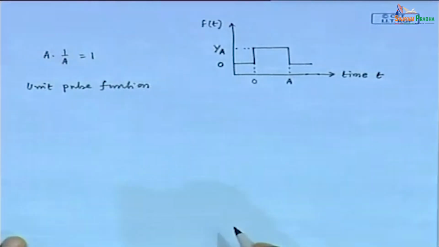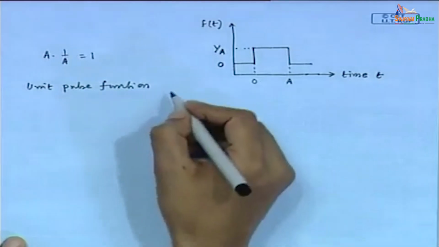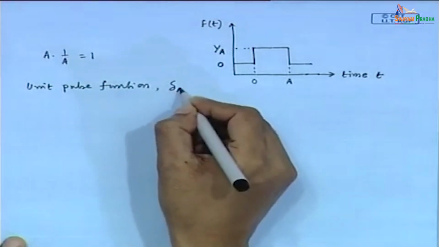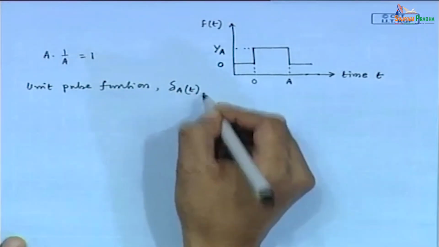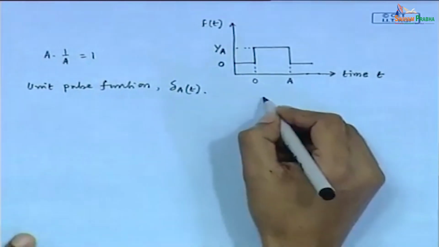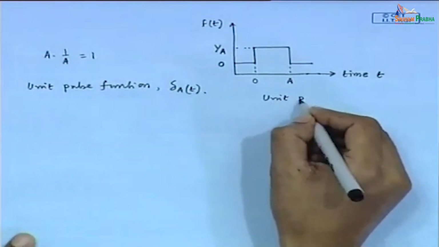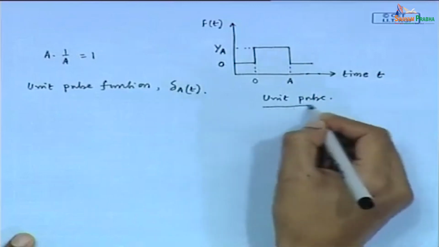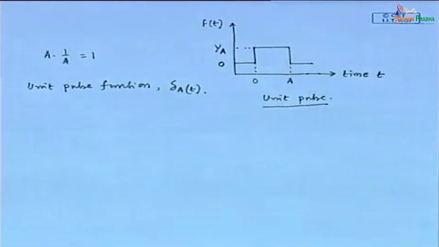It is conventionally represented by del a t, fine. So, this is the unit pulse and it is represented by del a t.